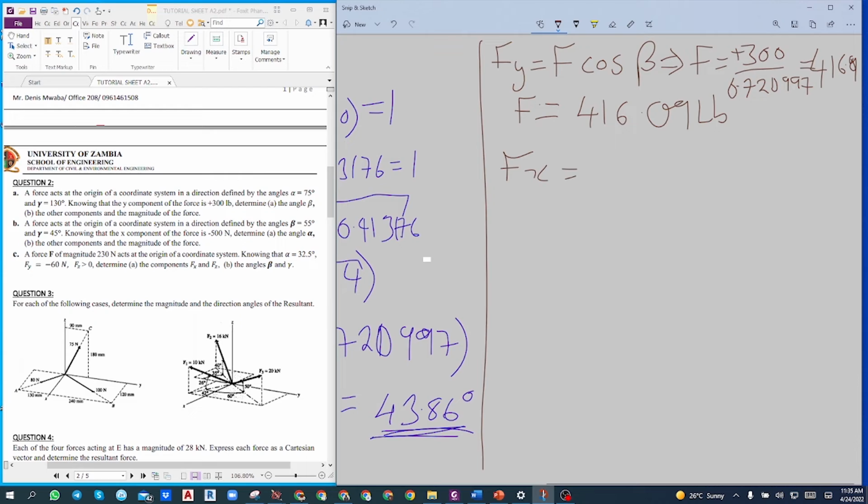So Fx is equal to 416.09 times cos, what's the angle there, 75 degrees, which is equal to... Okay, this will say shift storing B. So we have B times cos 75, which is equal to 107.69 pounds.